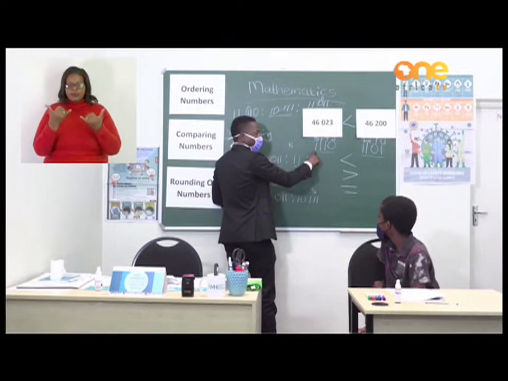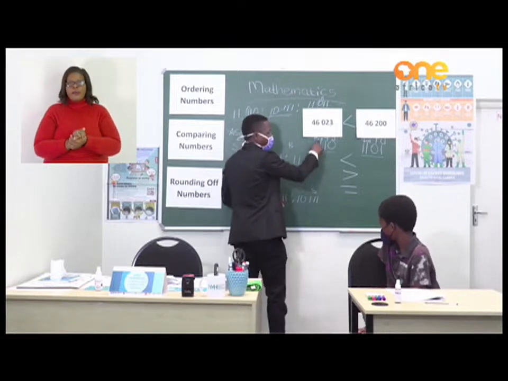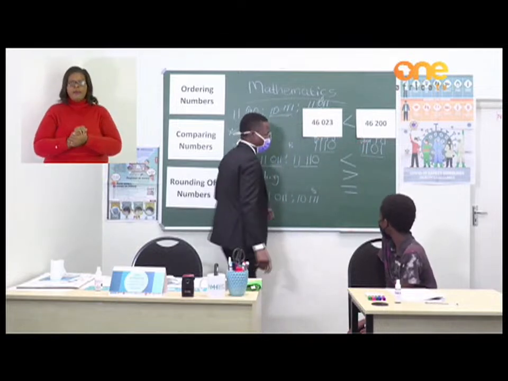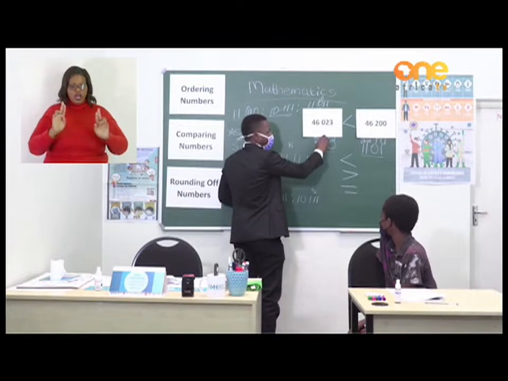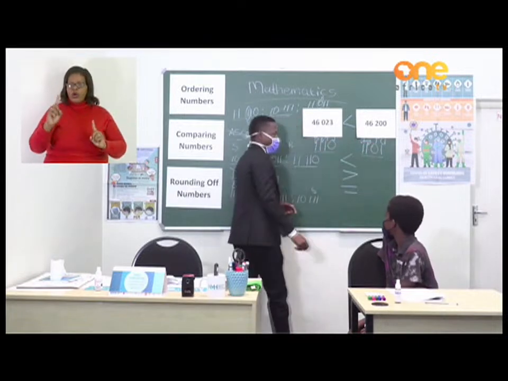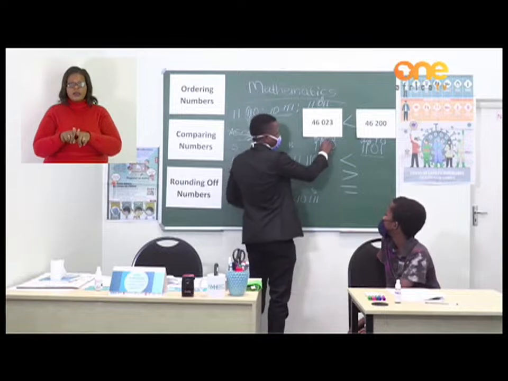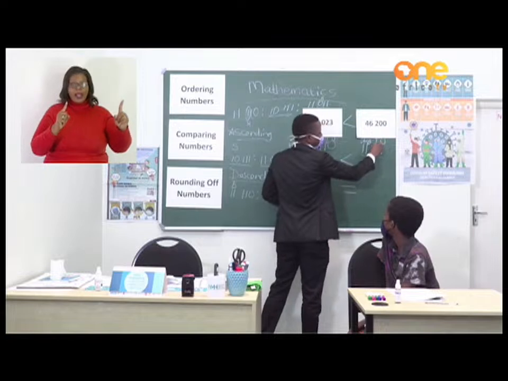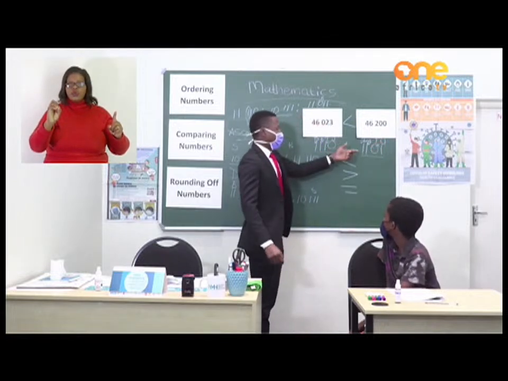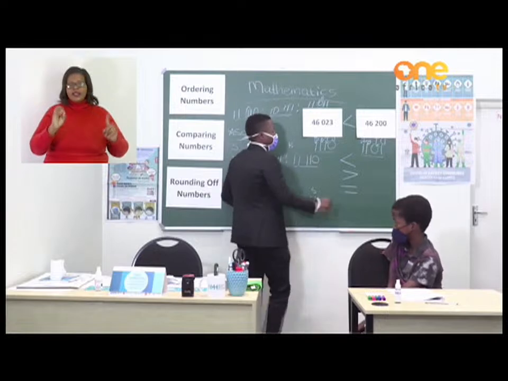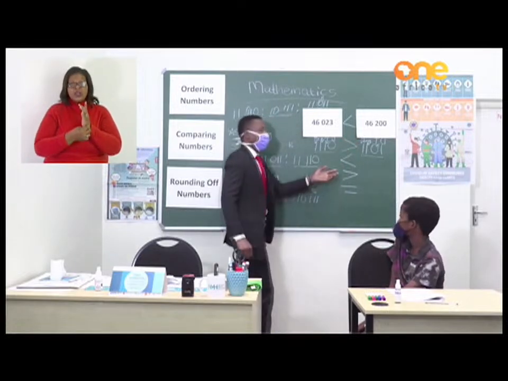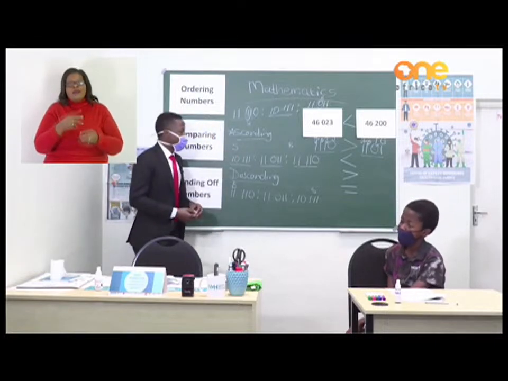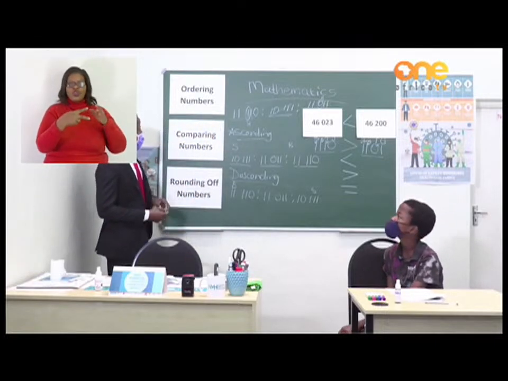Let us start comparing, starting with the first digit here, 1,000. You have 1, you have 1. Fine. There is no difference. We go to the hundreds. We have 1 and we have 1. Still the same. There is no difference. We come to the tens. Here you have 1, here you have 0. 1 is bigger than 0. So in that manner, you can already tell that the crocodile will go for what is big. So that is to do with comparing numbers.